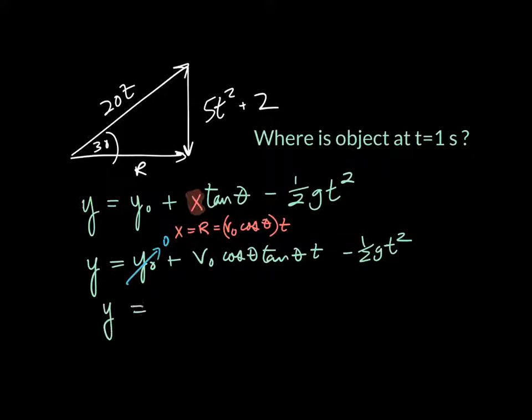So y would equal v naught, and instead of cosine times tangent, since tangent's sine over cosine, this is just going to reduce to sine. T is 1, all right? But I'll put it in there anyways, minus 5t squared.